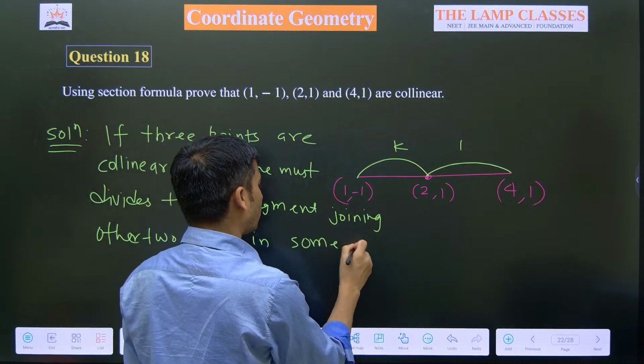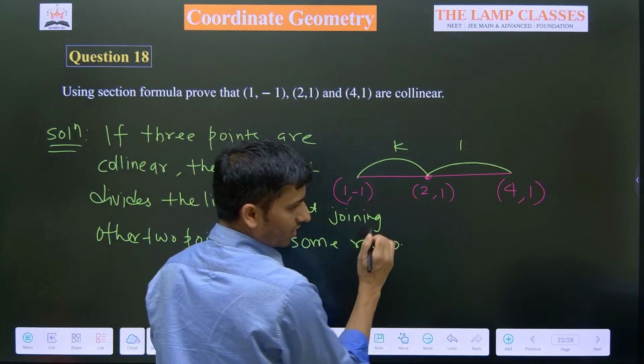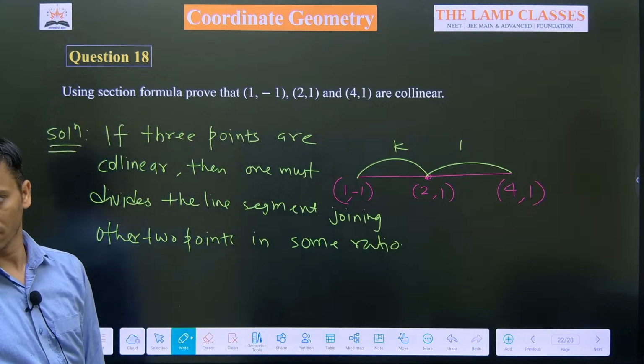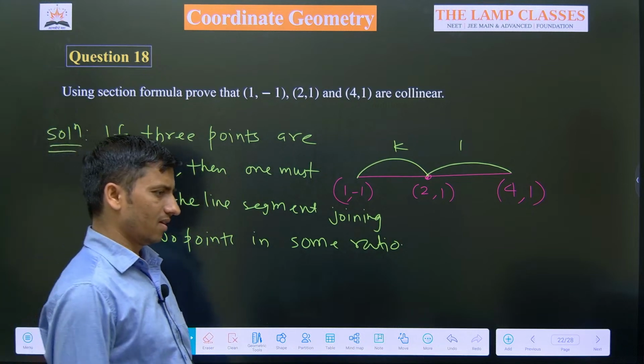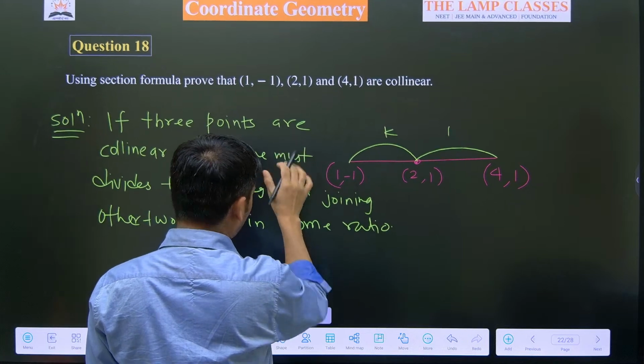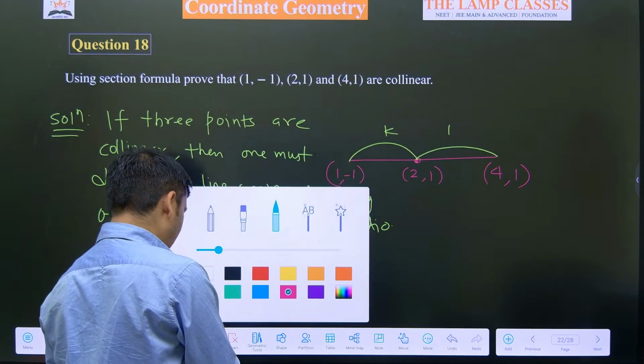You don't even have to write this statement, just for understanding I have written it here, guys. You don't have to write this statement. So what do we do? We'll directly start by taking it.